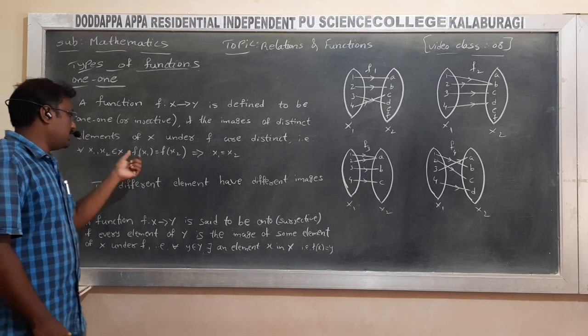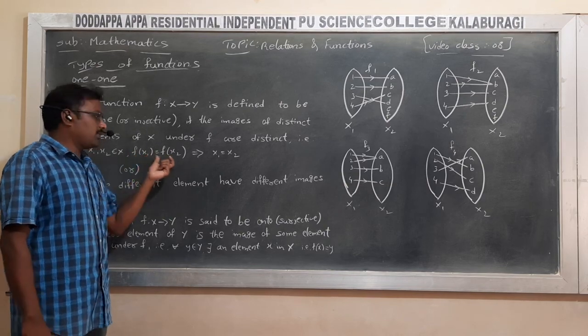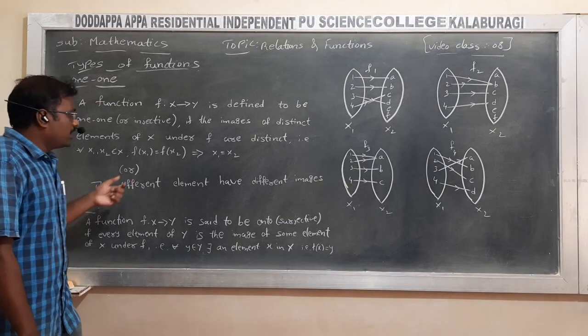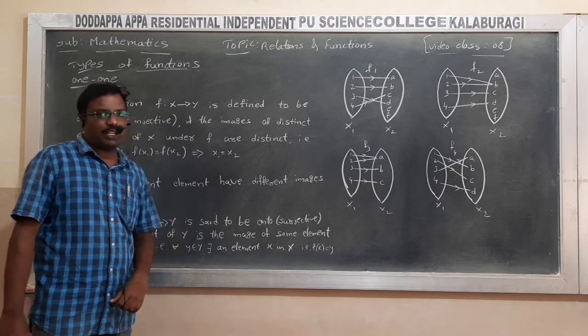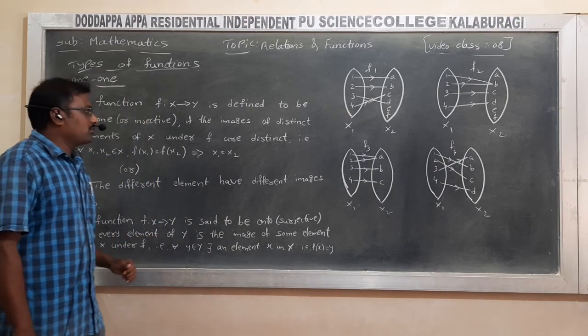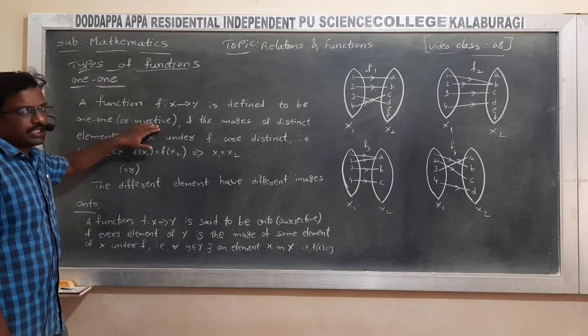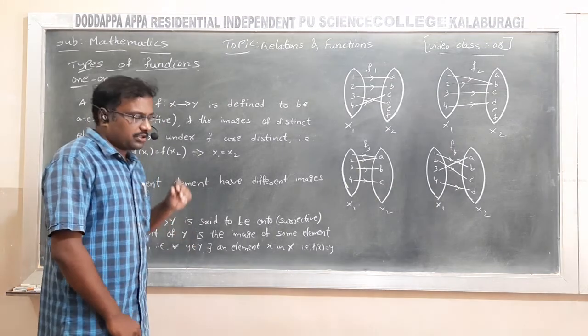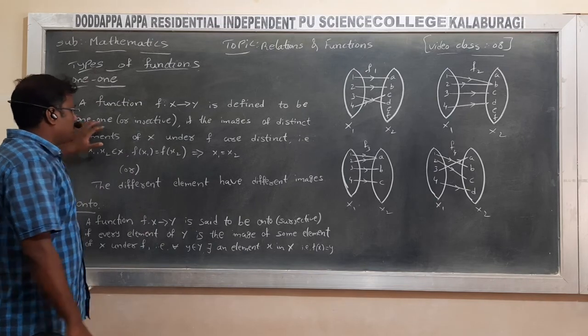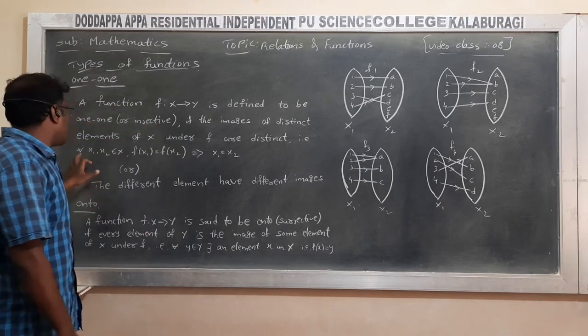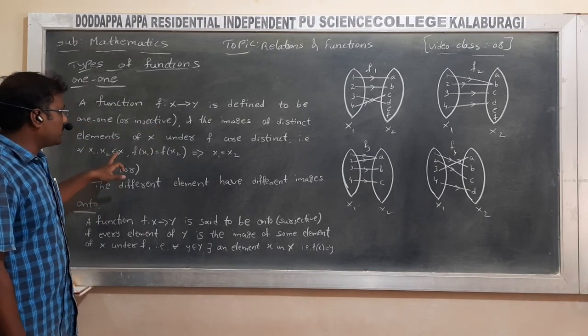So if you take f of x1 equal to f of x2 and simplify, then we get x1 equal to x2. Then it is called a one-one function, or another name is injective function.